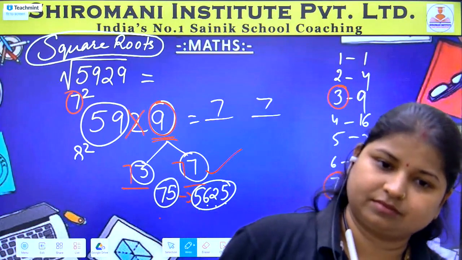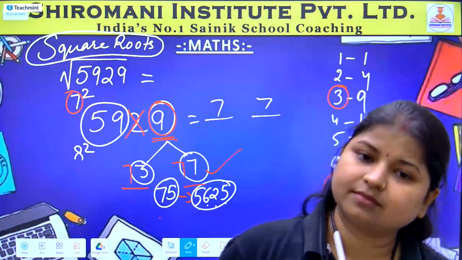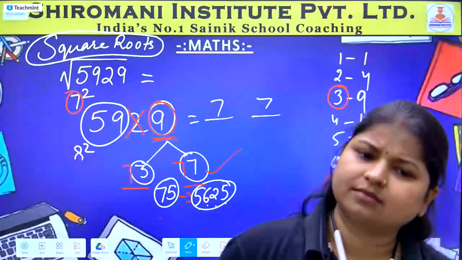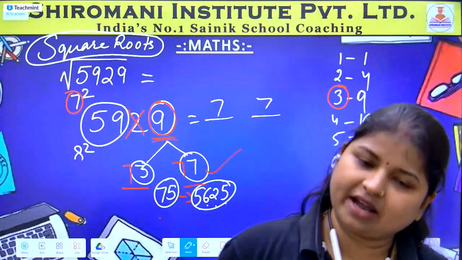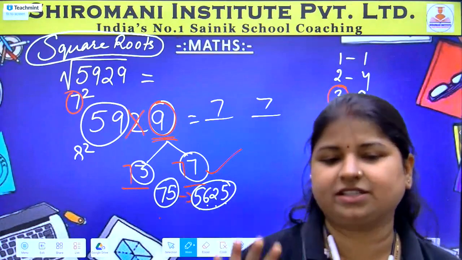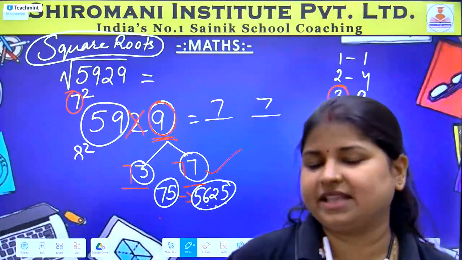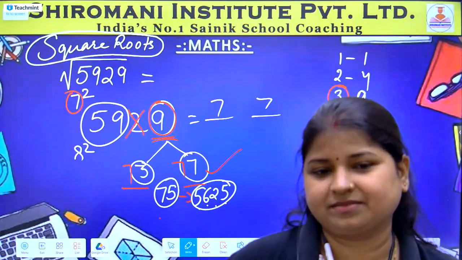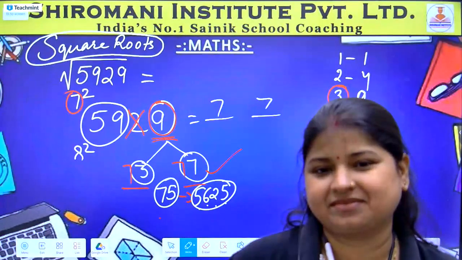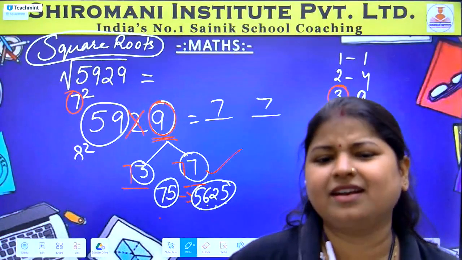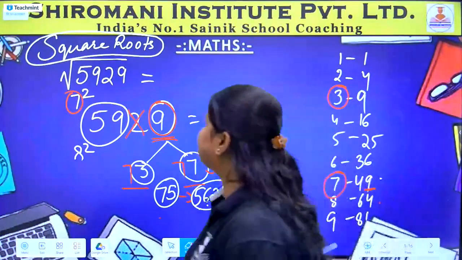And ma'am, if we have 63 and 72? It will never happen. It will be 63 or 62 or 67. The digits would never be changed, because that is the trick.